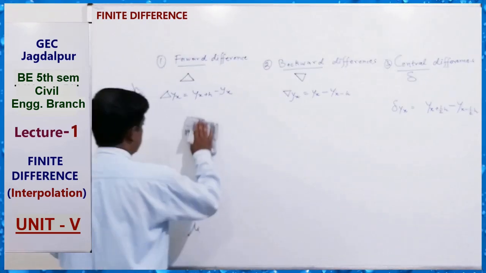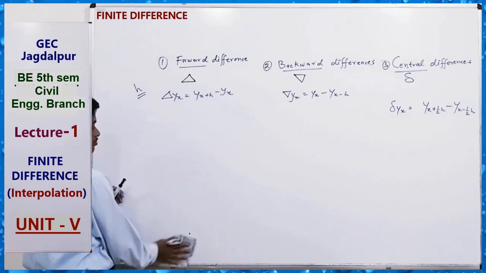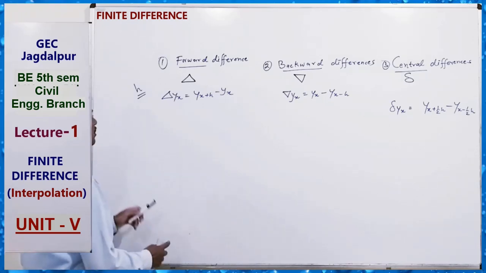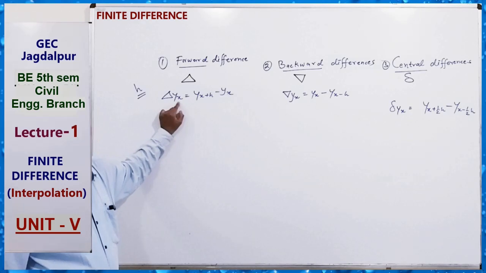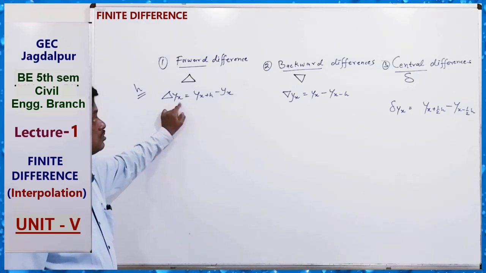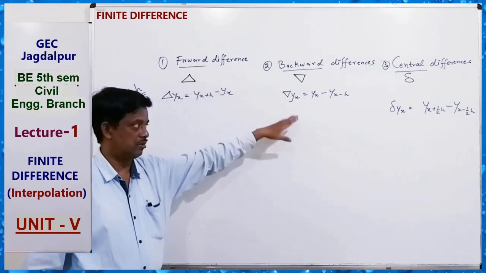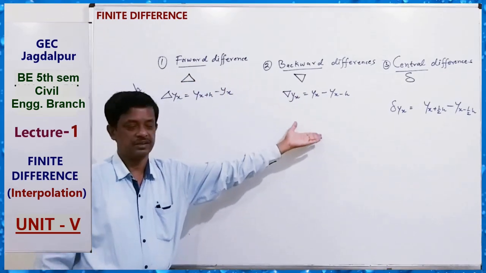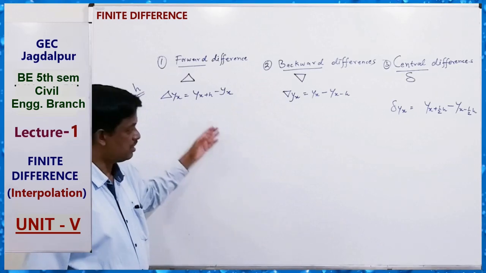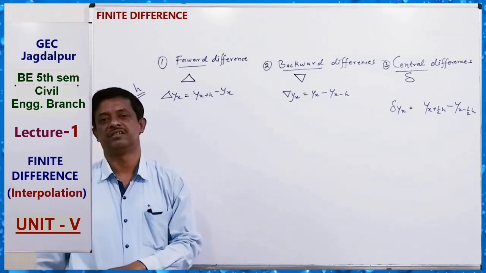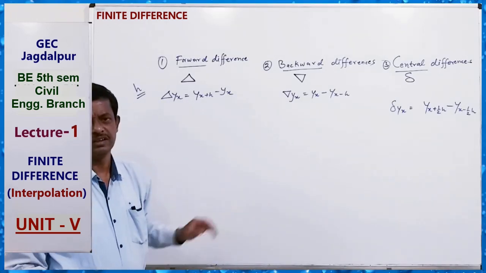The main thing is the difference of a function at which argument. So all types of differences, forward difference, backward difference, central difference, can all be found from a single table. Very simple. Just see its notation.